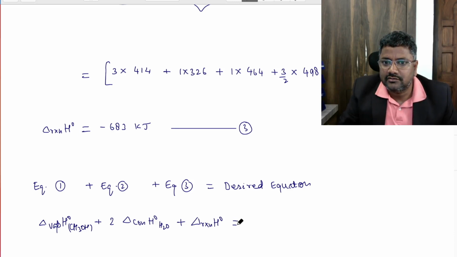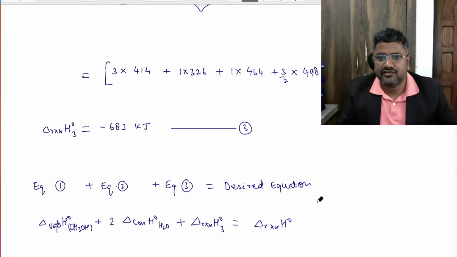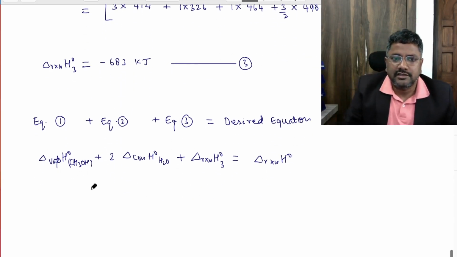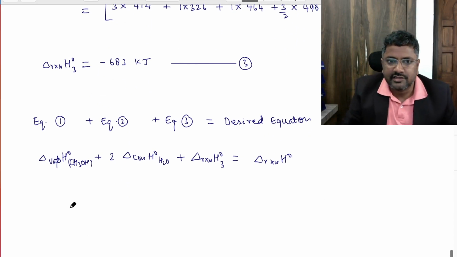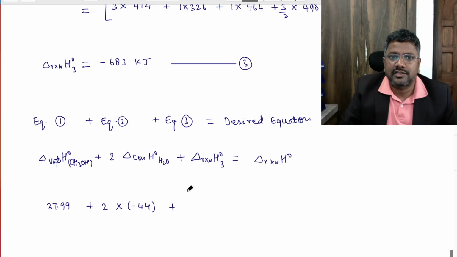This is equal to, we can say this is 3. This is equal to the delta H naught of this desired equation. So this is equal to how much? 37.99 plus 2 into condensation, minus 44, plus delta H naught 3 is minus 683.